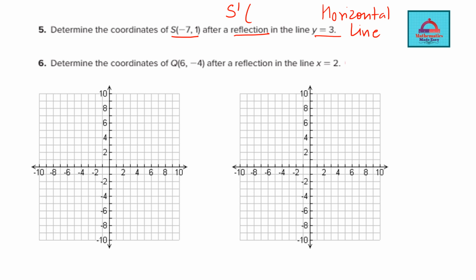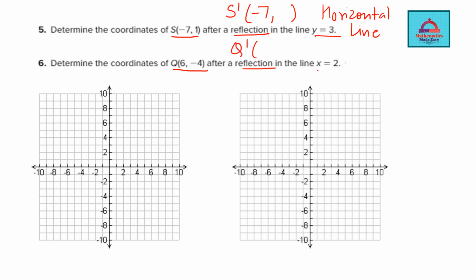So the x coordinate will be -7 only. We now just need to find the y coordinate, which we are going to do using the graph. I will just show you in a minute. And then for question number 6, the point which is given is Q. You need to find the point after the reflection. So let's take it as Q prime.